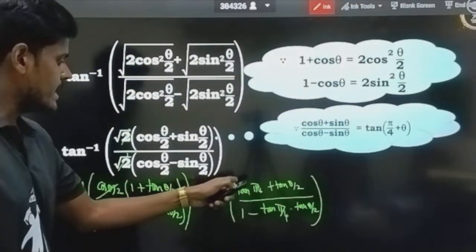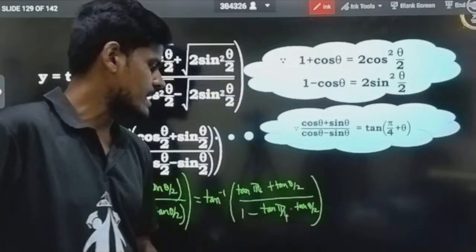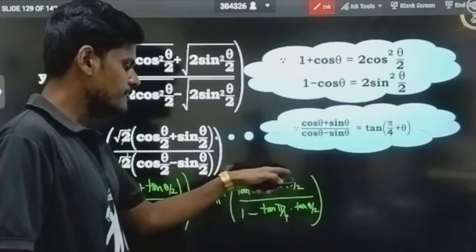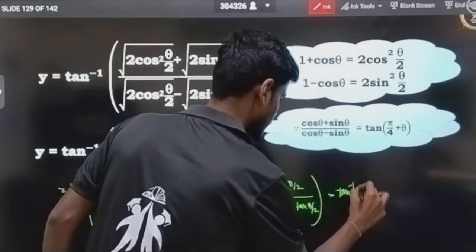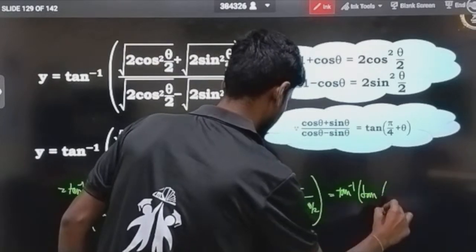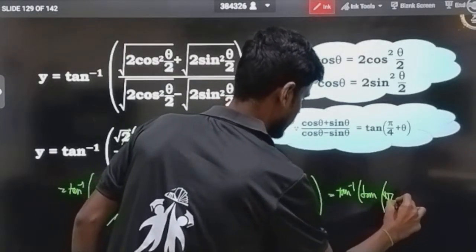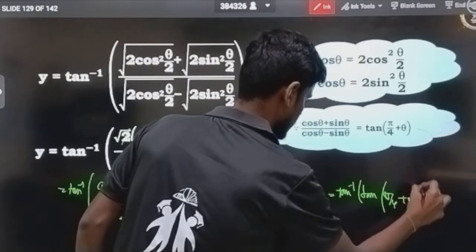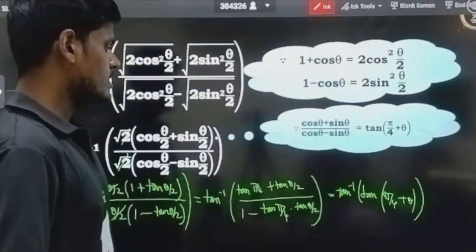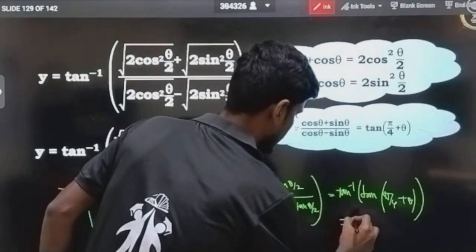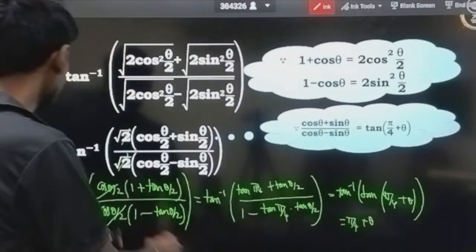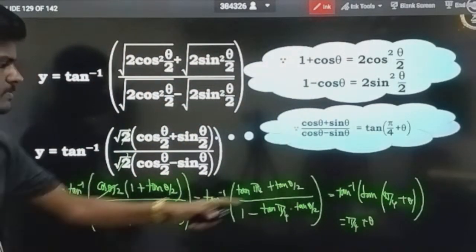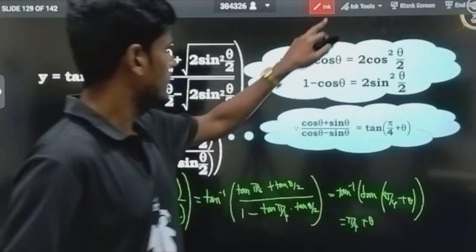Now what is the value? Tan A plus tan B by 1 minus tan A tan B is tan of A plus B. So this is equal to tan inverse of tan of pi by 4 plus theta by 2. Now this will be equal to pi by 4 plus theta by 2. So this final expression y becomes pi by 4 plus theta by 2.